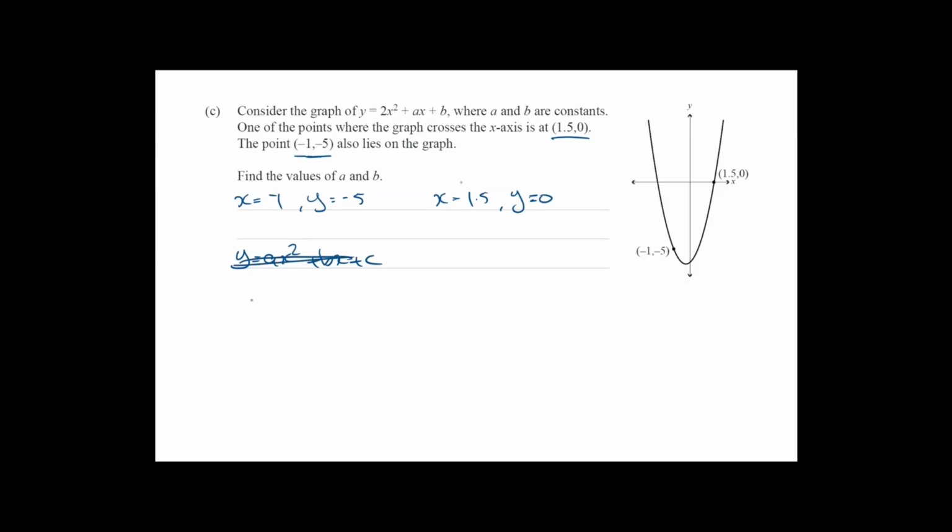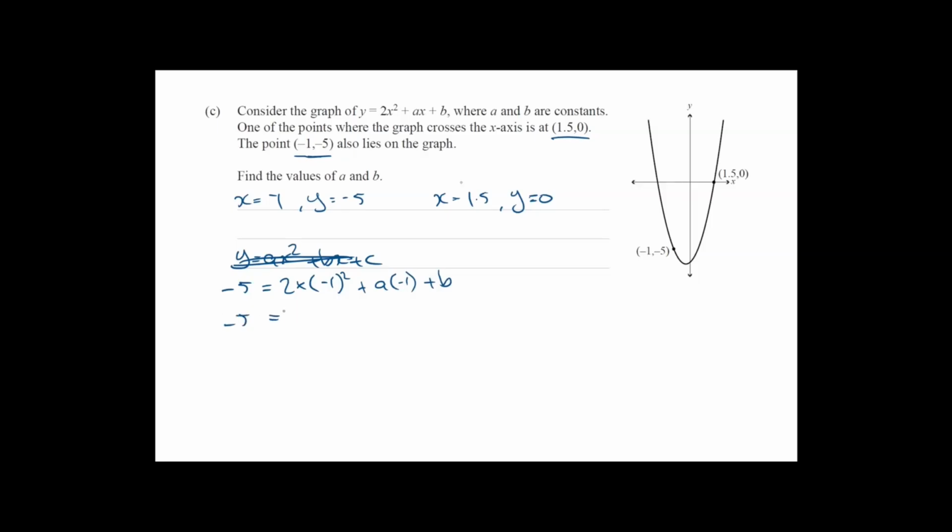Excuse me. So let's put this in. So -5 is going to be equal to 2 times (-1) squared plus a times -1 plus b. So let's simplify this a little bit.